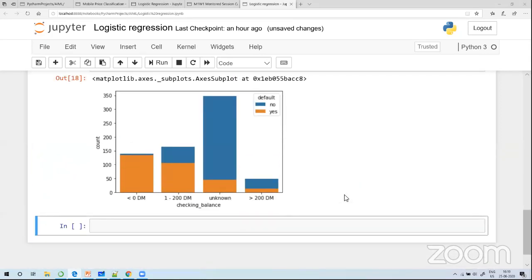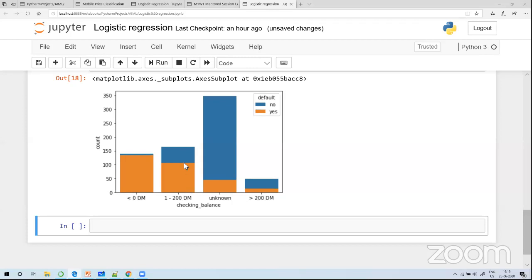Look at the ratios of defaulting in each of the groups. Less than $0 per month: No is a very minuscule number, and yes, a very large number of them. So that means the proportion of people defaulting when the checking underscore balance is less than $0 per month is way too high.